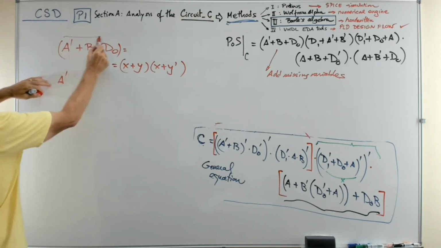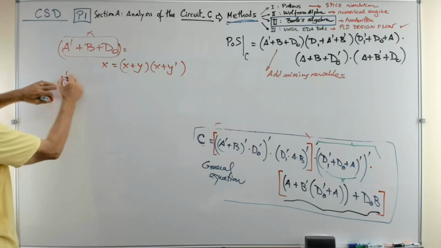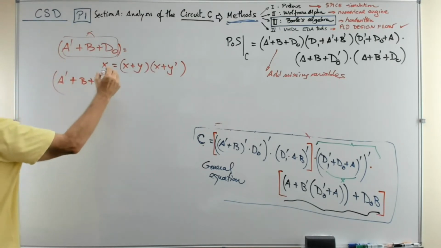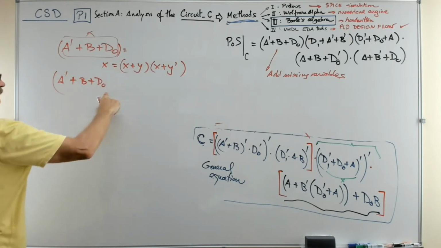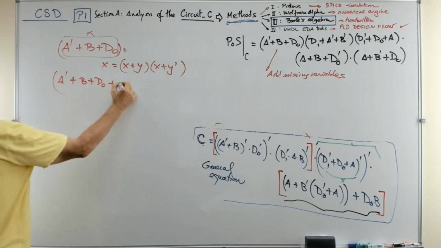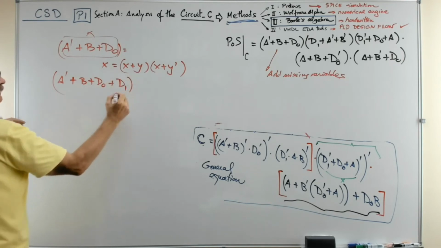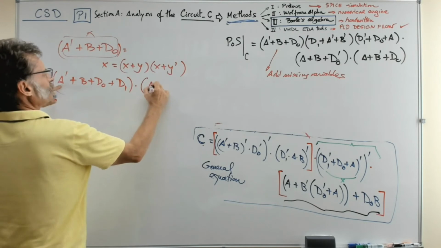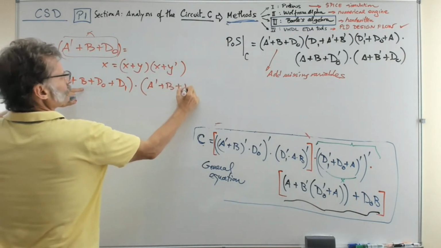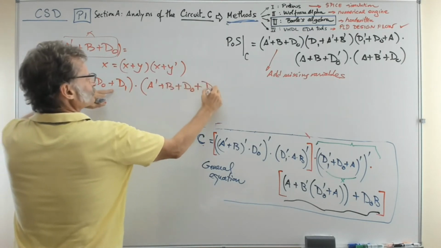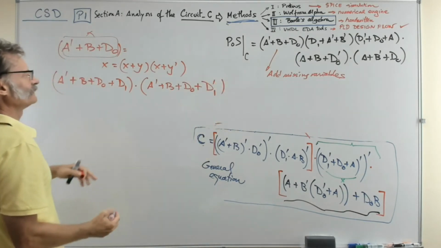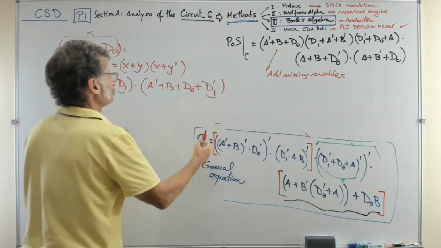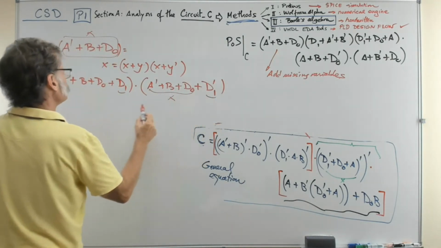Imagine that all this is your X. So this is A naught or B or D0, and D1, which is the one that is missing, and now A naught or B or D0 or D0, D1 naught. So you see, the Y is the D1 here, and this is what you've understood as X.